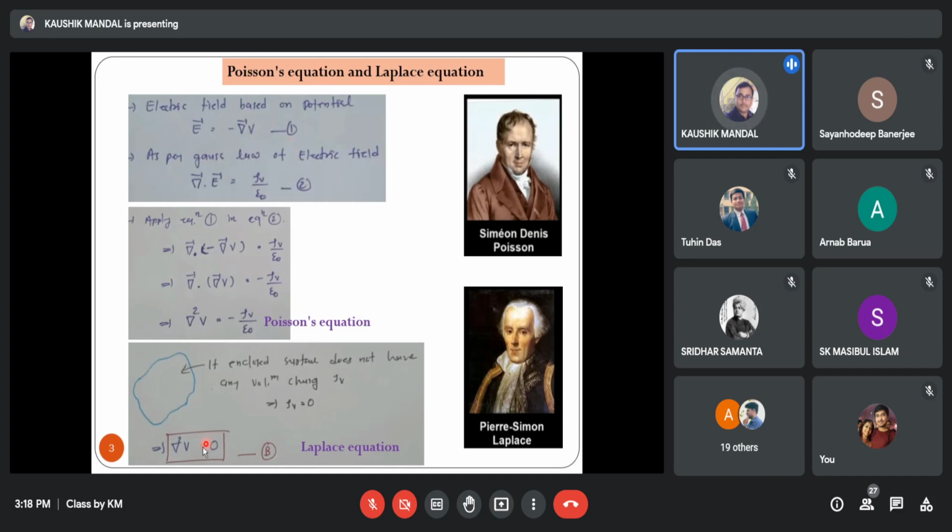So once we find V using Laplace's equation, we can easily find the electric field. Apart from that, you can also find the capacitance. Capacitance equal to Q by V. So by using Laplace's equation, you can find the potential, electric field, as well as the capacitance. That's why these two equations are very useful and applicable in electromagnetics.